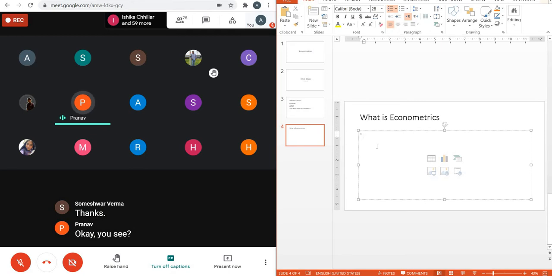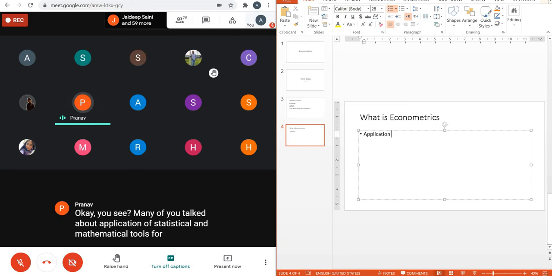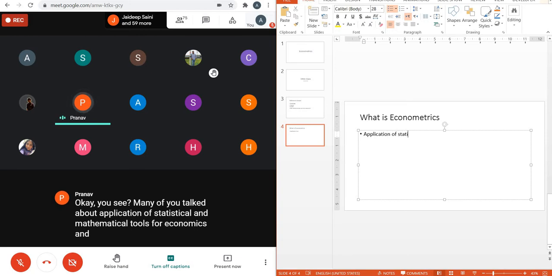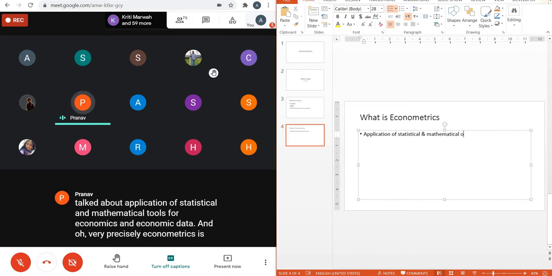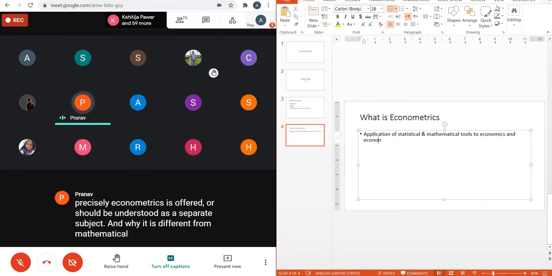Many of you talked about application of statistical and mathematical tools for economics and economic data. But where precisely is econometrics offered, or should it be understood, as a separate subject, and why is it different from mathematical methods and statistical methods?